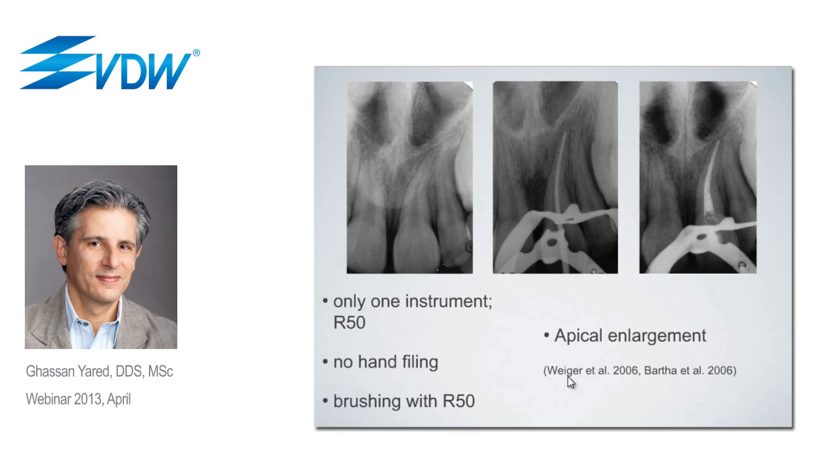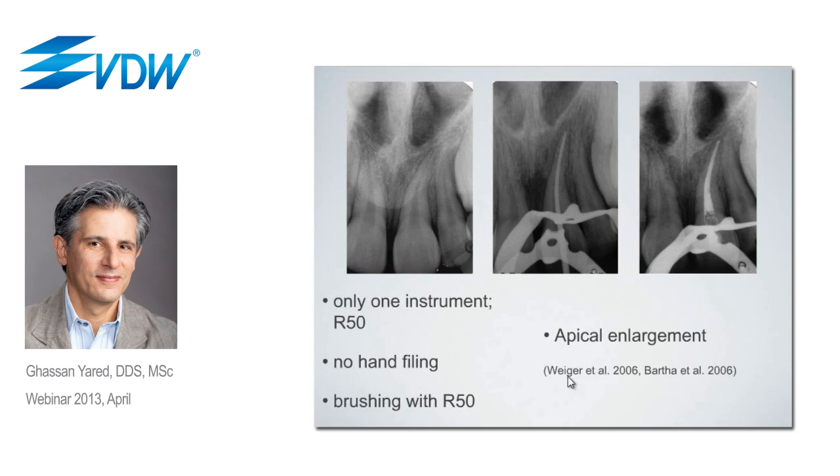Don't forget that the R50 has a size of 0.5 millimeter at the tip, and it has a 5% taper. So here, an increased apical enlargement can be done very easily with a 70 hand file. You don't have to use the 50, 55, and 60.